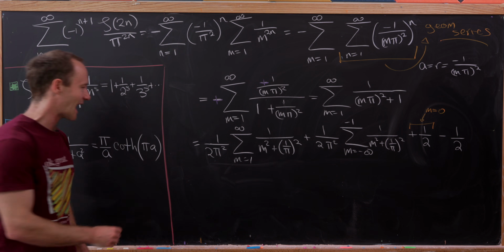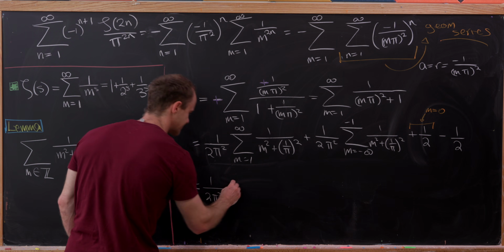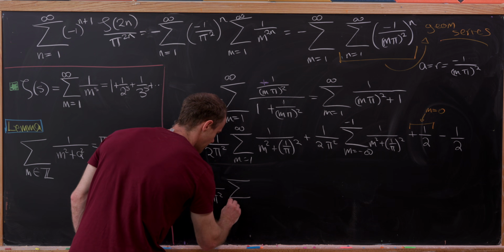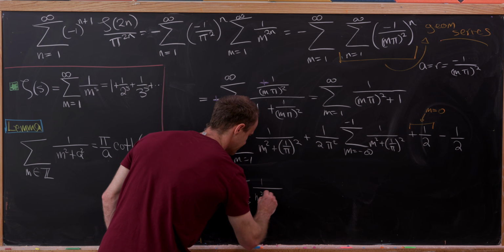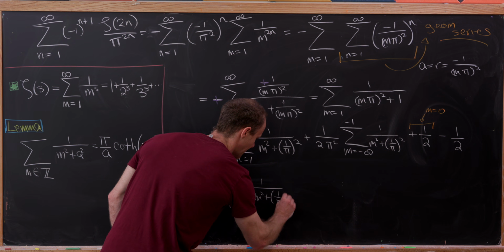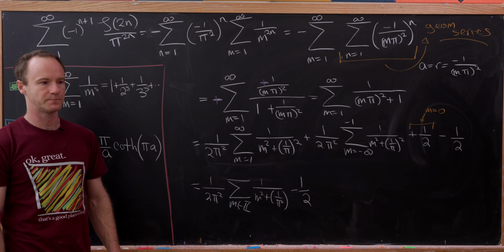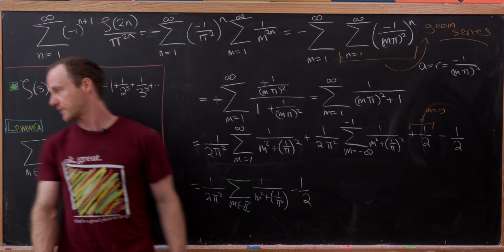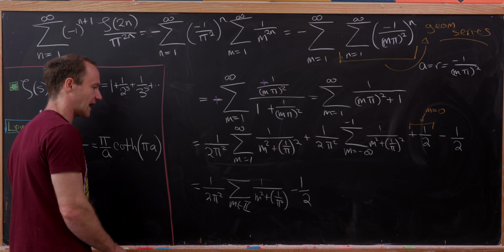Okay, so now let's package this all together. So we have 1 over 2 times pi squared, and now it'll be the sum over all integers m of 1 over m squared plus 1 by pi squared, and then we have to subtract that half off. But now we can use our formula over here, this thing right here, where a is 1 over pi.